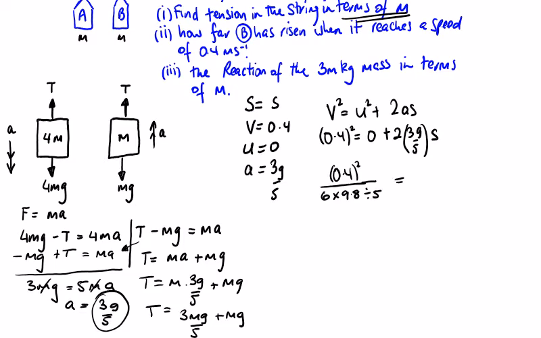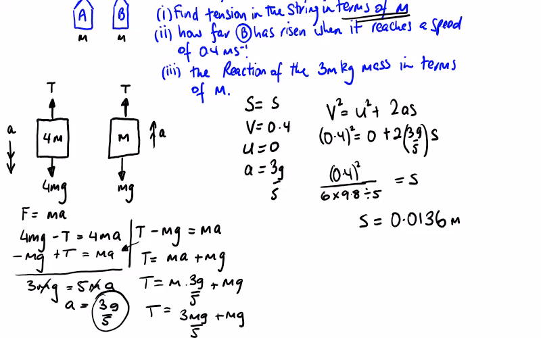And that will give me s. So just one step calculator use. s is equal to 0.013605, so just 36, and that it would be in meters. So just 1.36 centimeters, a tiny distance.